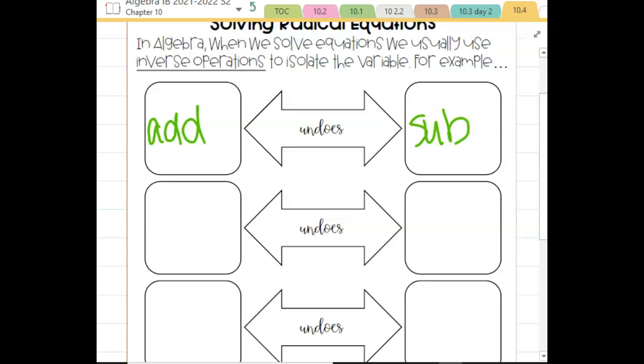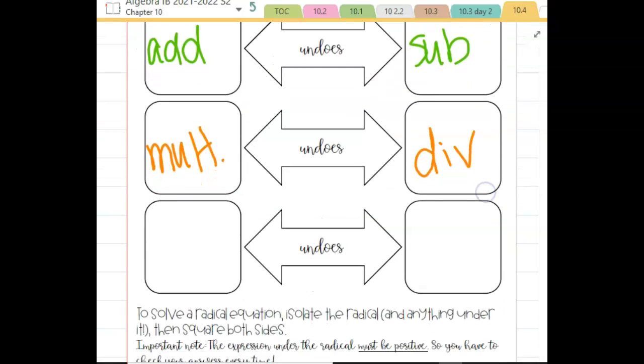They undo each other. If you have addition, you're going to do subtraction. If you have subtraction, to undo it, you're going to do addition. The next one would be multiplication, and the inverse of multiplication is division.